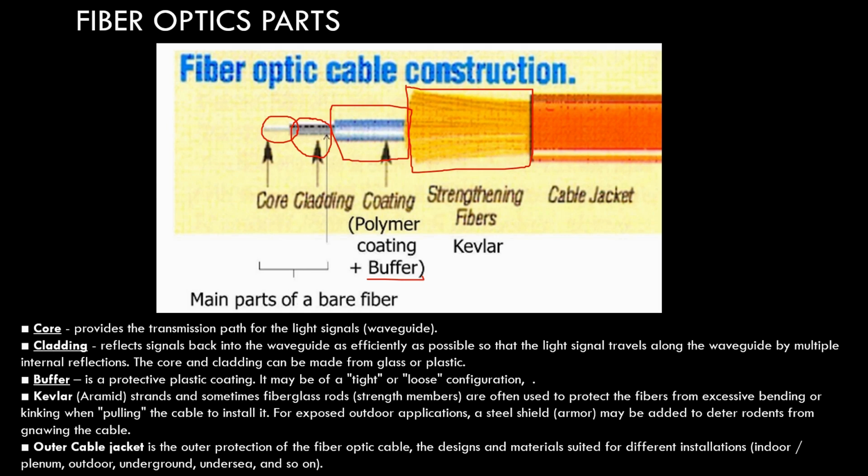And this not only protects from bending, it also protects the cable from excessive pulling, and at the same time deters rodents or rats from gnawing the cable. And then finally, to protect the cable from the outside environment, we must have the cable jacket. So these are the basic parts of the fiber optics.